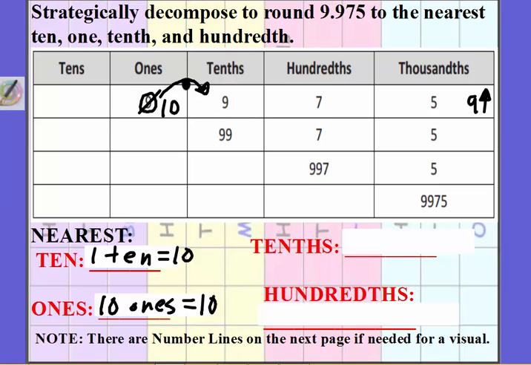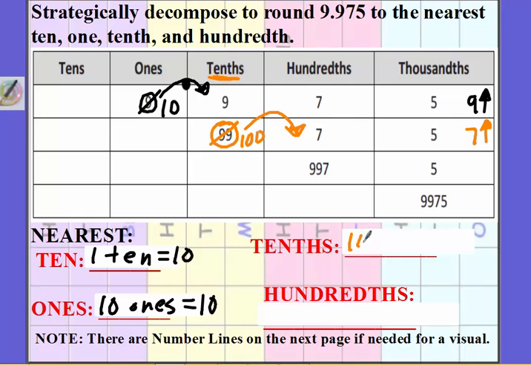Okay, let's look at our next one. I'm going to round to the nearest tenth. So I start in my tenths spot, where tenths is my largest place value. See, there's nothing over here. Starting in my tenths spot, and I look to the right. 7 is larger than my midway, so this means this rounds up. It becomes 100.